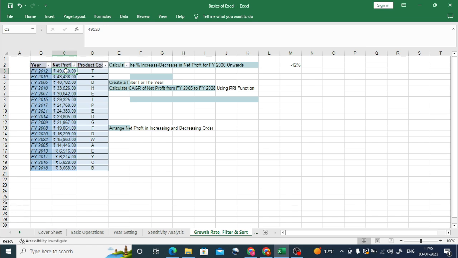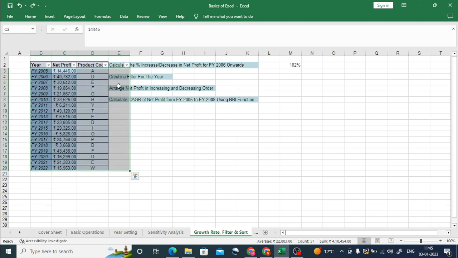So we have the first amount of profit as 49,120 rupees, which was made in financial year 2012 and the product was tea. So this is how you can set any data in increasing or decreasing order.